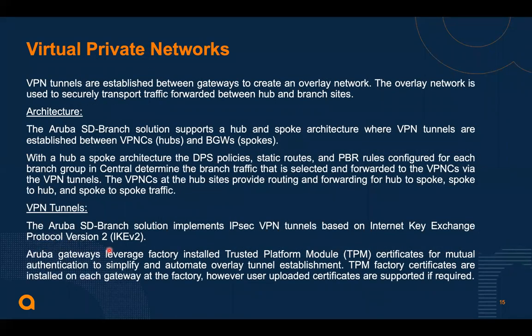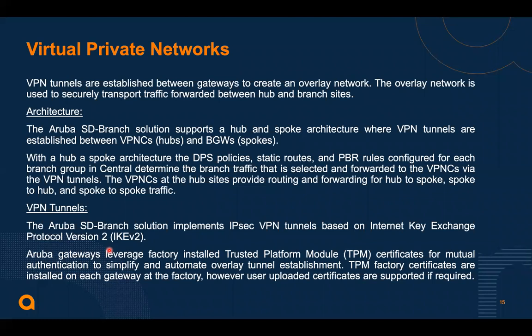Then comes the VPN. VPN establishment is between the branch gateway and the VPNCs. On Aruba, we have a hub and spoke architecture, where the VPNC would be the hub and the branch gateway would be the spoke.